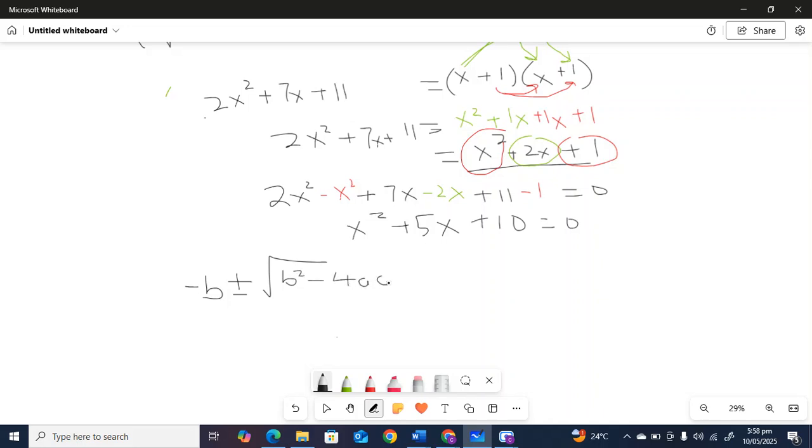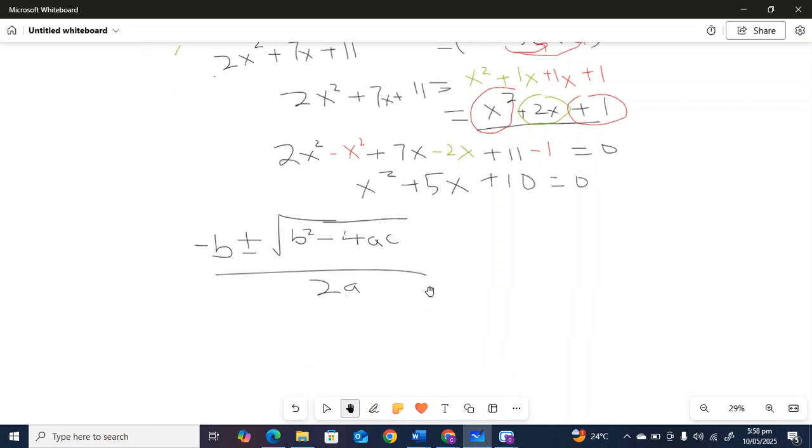You get the same answers. The quadratic formula is the most definite way, compared to the factorization way.